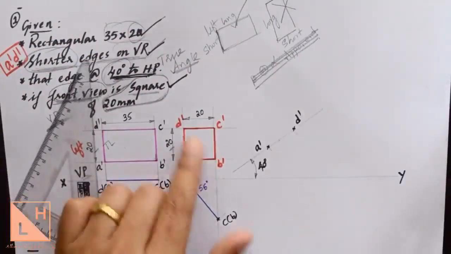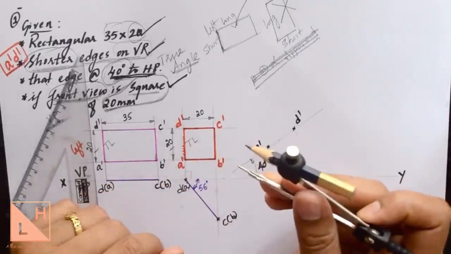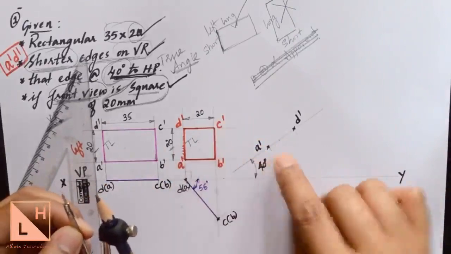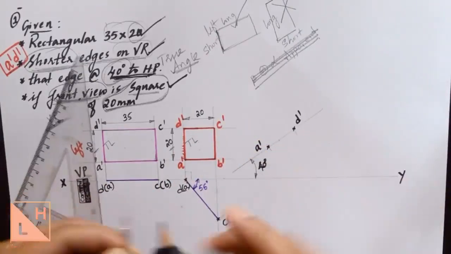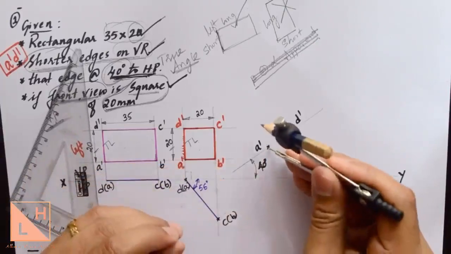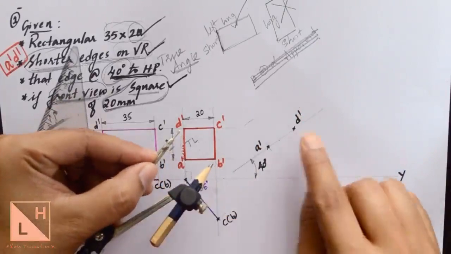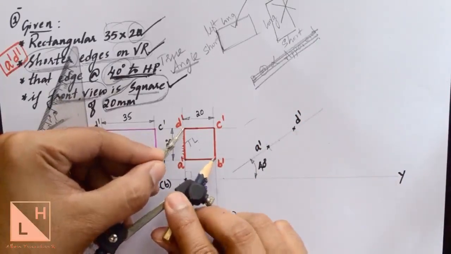Now we need to generate the remaining 2 points, which we'll do by the arc method as we have done in the previous problem. You measure the remaining points from the first 2 points that are marked here. Like A dash to B dash you will measure, cut an arc, that is A dash to B dash. We need one more arc, so measure it from the other point, that is D dash.